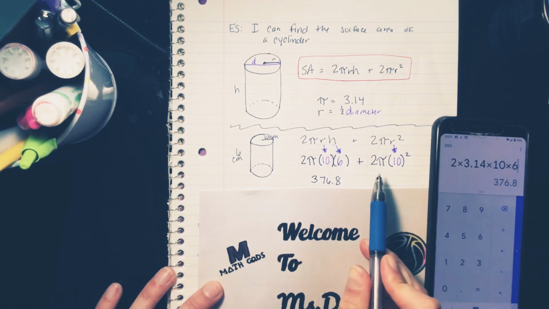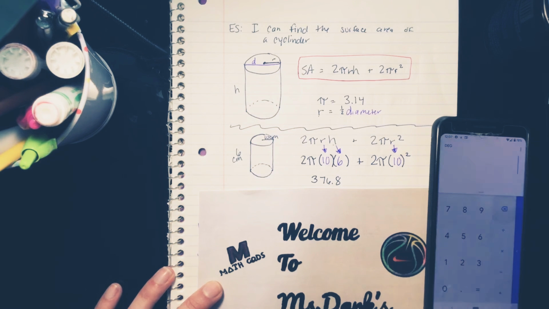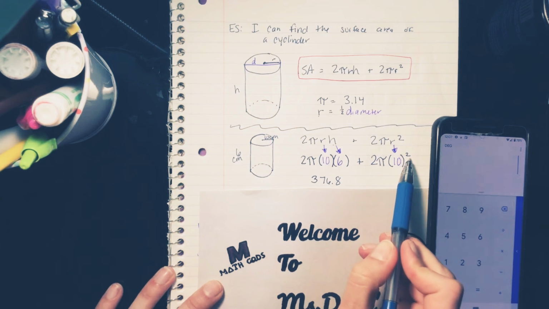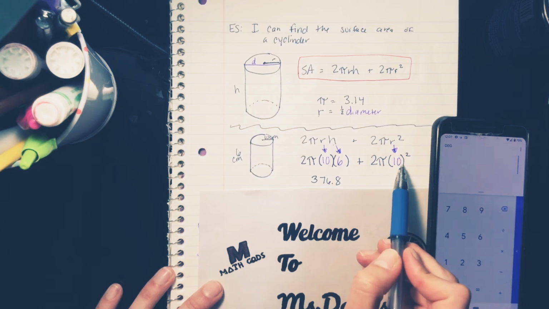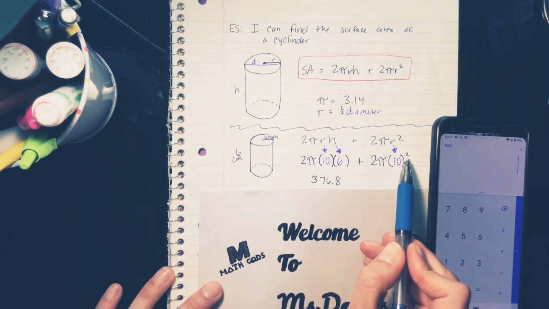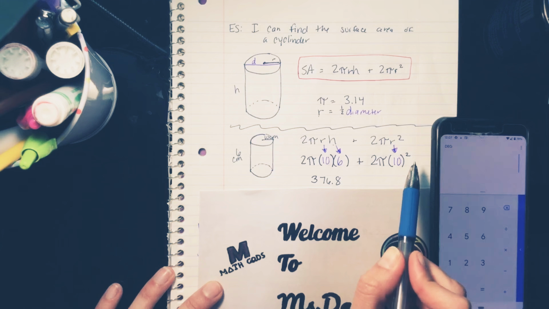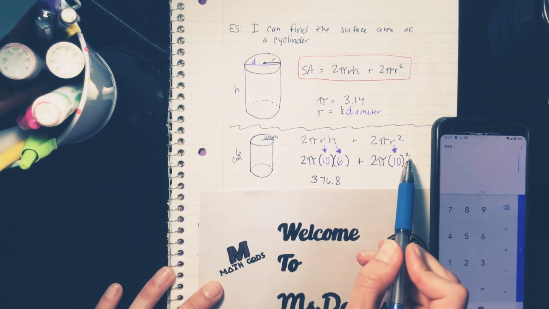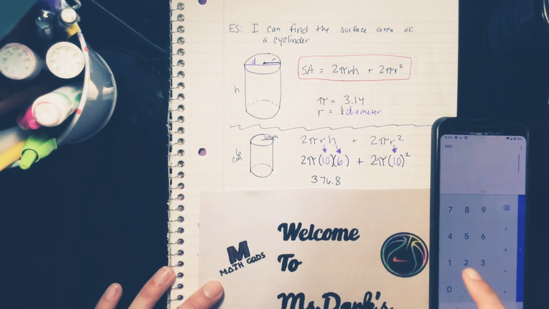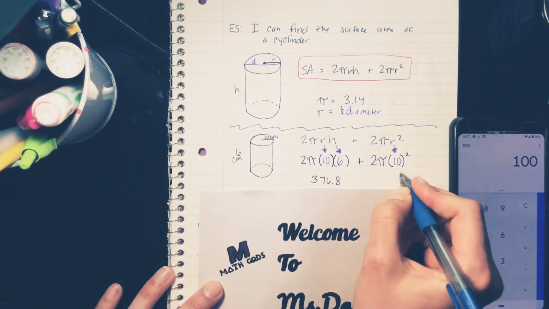And then we're going to look at our part 2. Now this gets a little tricky because you have your squared here. Remember, with PEMDAS, you always square first. So parentheses, exponent, this is an exponent. So 10 squared is just 10 times 10, which equals 100.